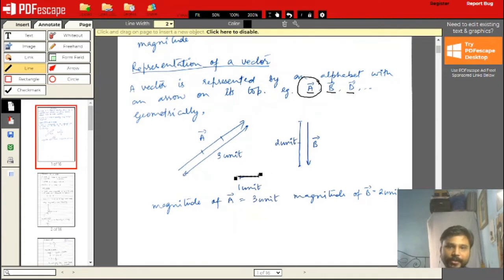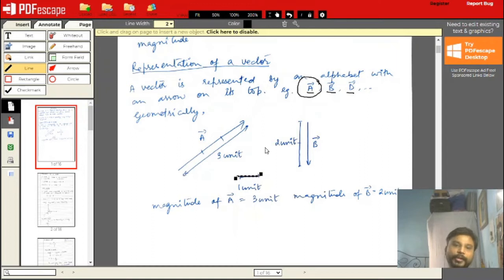And then let's say we have to draw a vector A which is 3 units long. When we say that a vector is 3 units long, we mean that that vector has a magnitude of 3 units, by which we mean how big that vector is. There is also a vector alongside A which is B vector whose magnitude is 2 units. That is 2 units long. So we can say that vector A is higher in magnitude than vector B.